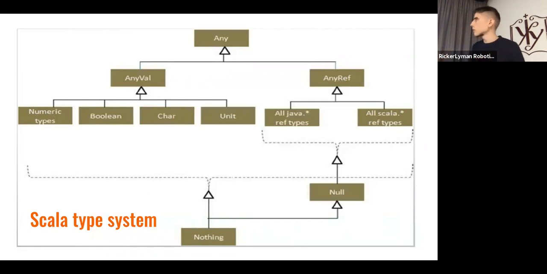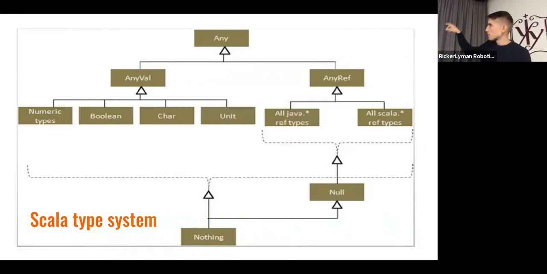Everything is an object, but on the level of the JVM, they are transformed to the actual JVM primitives. So all of the numeric types, Boolean, Char, Unit as well, extend AnyVal.